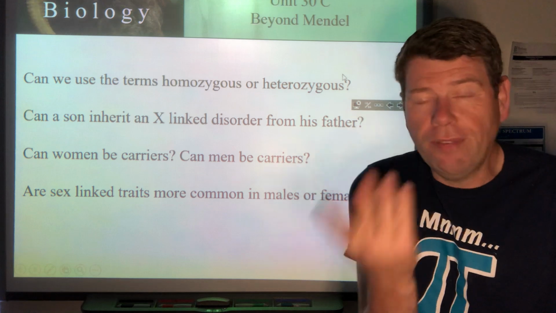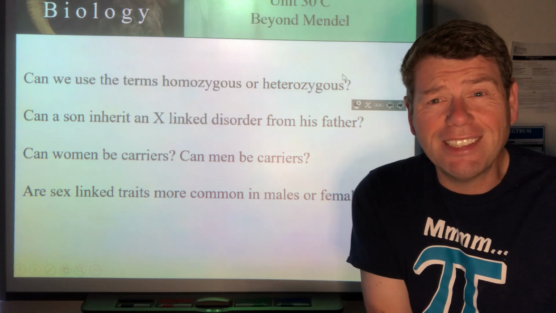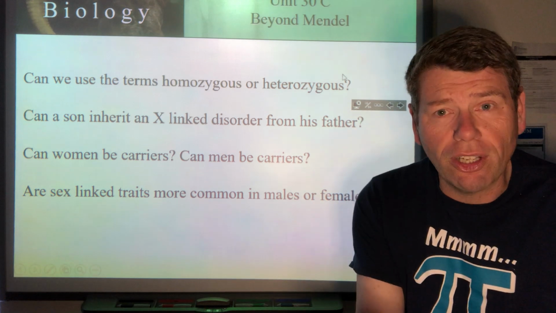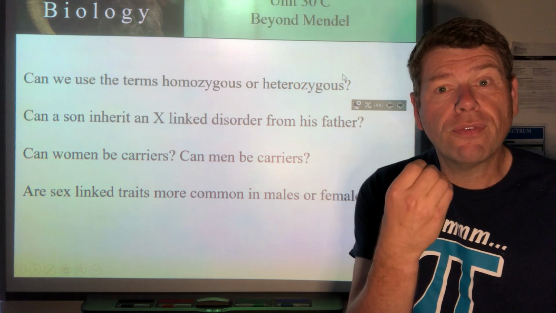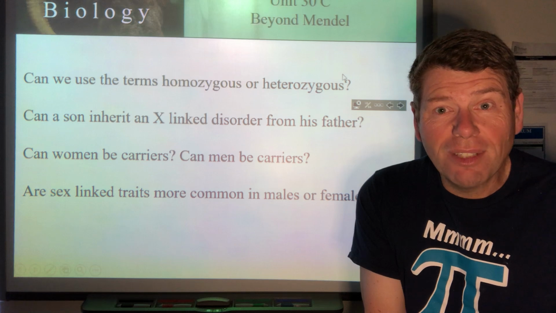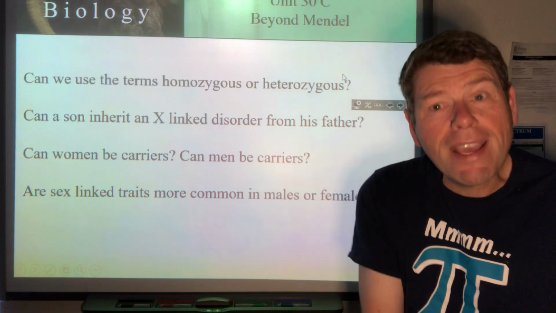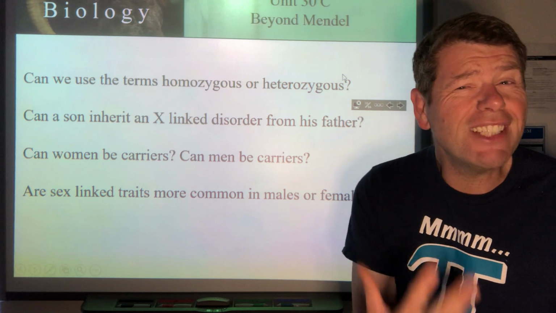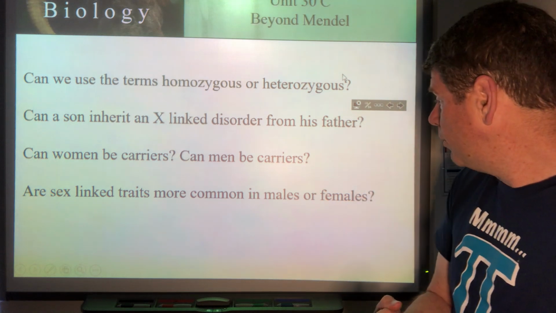And if they have the recessive allele on the other X, it doesn't matter that much because the dominant allele shows up. For males, they're stuck with what they get. So if they get an affected X, that's it. So actually males are much more affected, about 10 to 1, than females are.